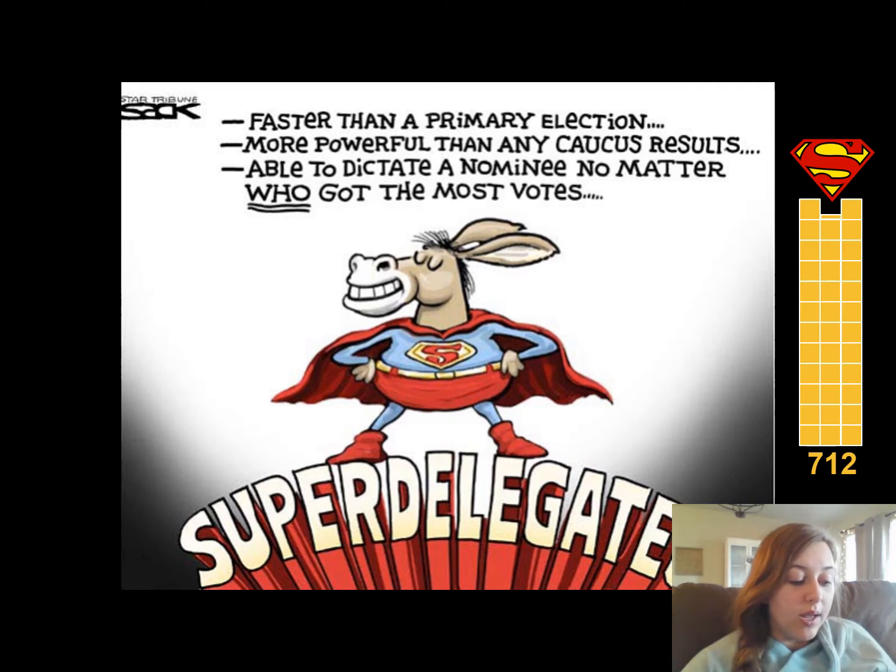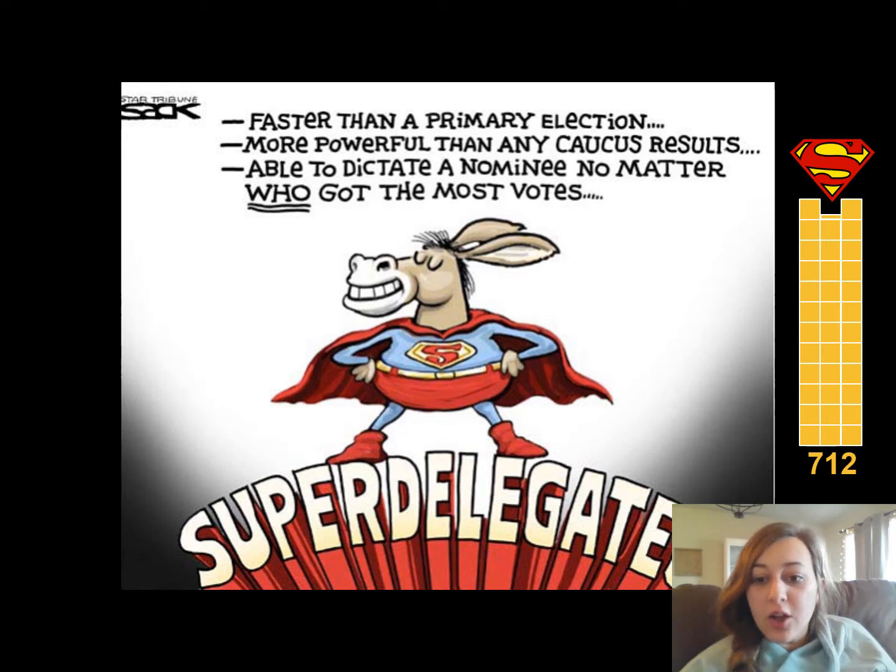So in 2020, unless a candidate had already received a majority of the pledged delegates, superdelegates could only vote in the second round of voting at the national convention. So they don't have an impact at all in round one, unless the candidate has won a majority of pledged delegates already.